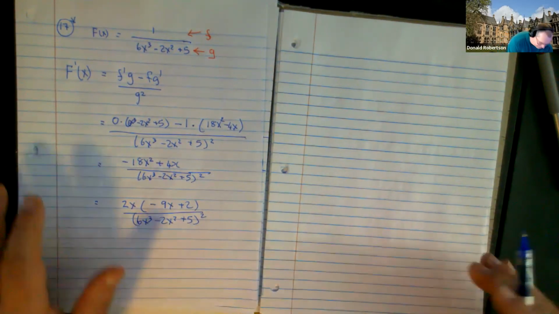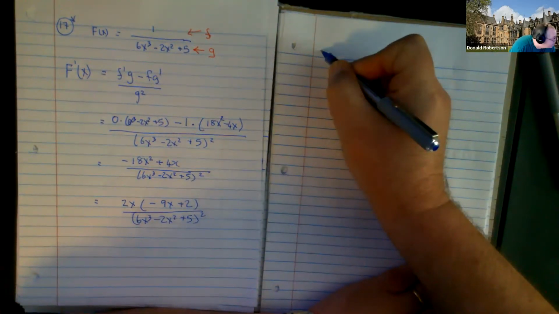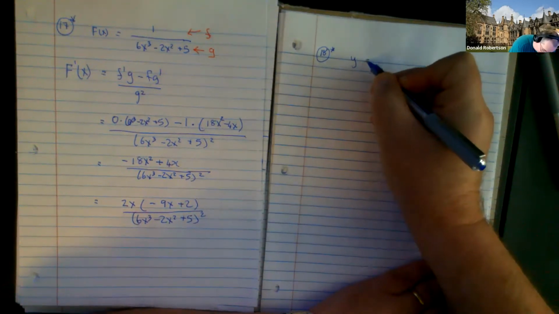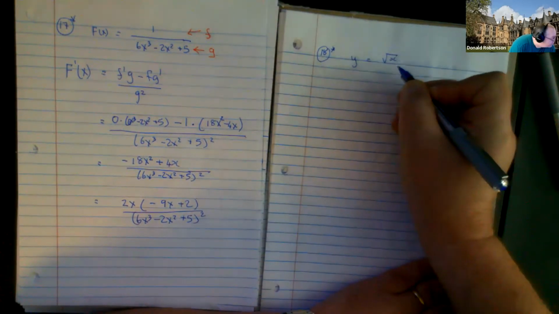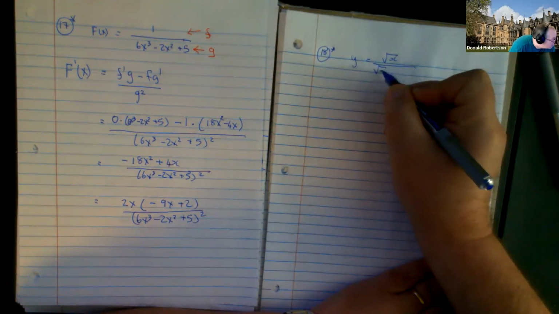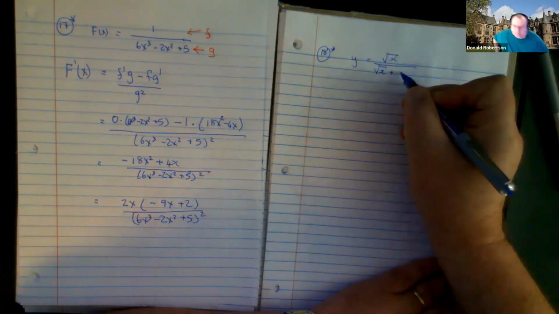The next one I'm going to show you is scarily ugly. It's going to be question 18: square root of x over square root of x plus 3.